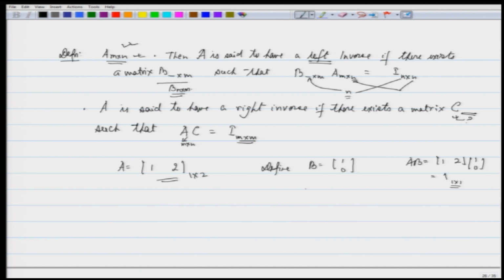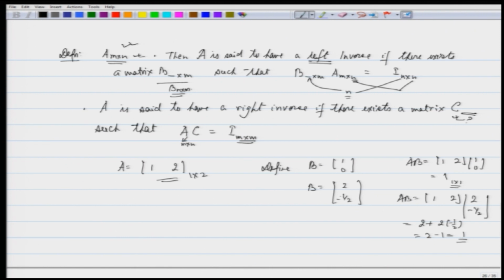I could have taken B to be also, say, 2 and 1, no, that will not work. So, 2 and minus half. Then AB will be equal to 1, 2 times 2 and minus half, which gives me 2 plus 2 times minus half, which is 2 minus 1, which is 1. So, there can be a lot of choices for me.